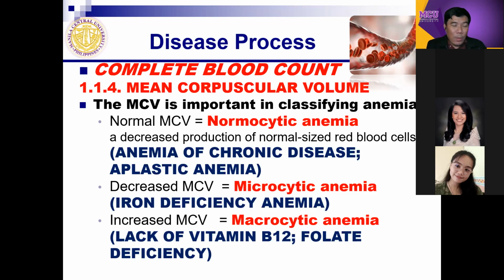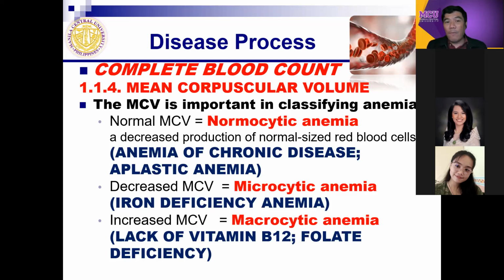Kasi di ba, as what we have mentioned during the physiologic changes sa pregnancy, ang blood volume ng pregnant mother ay nag-expand kasi it's not only in the maternal circulation but it also supplements the fetal circulation.